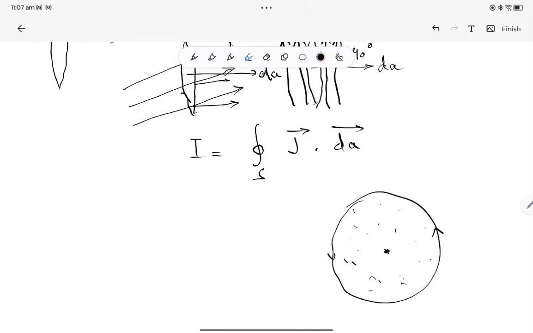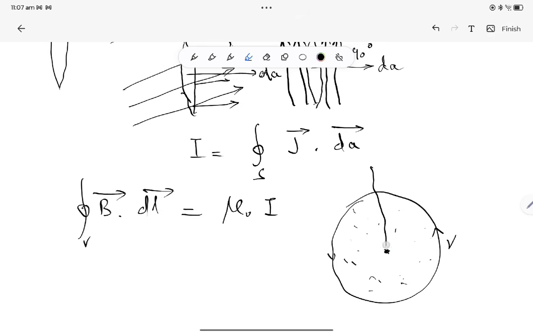Well, then we write the circulation of the magnetic field, the loop integral of the magnetic field, is equal to mu naught I. But suppose the wire is not held like this, if the same wire is held like this, it does not contribute any.